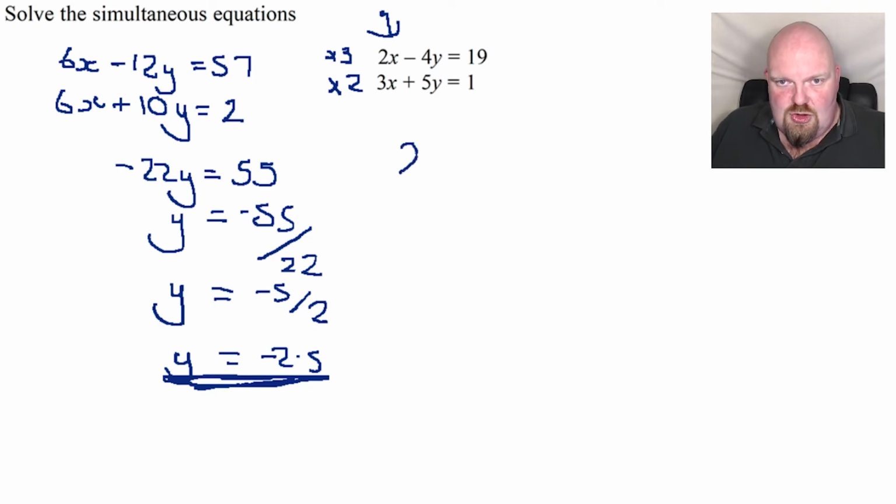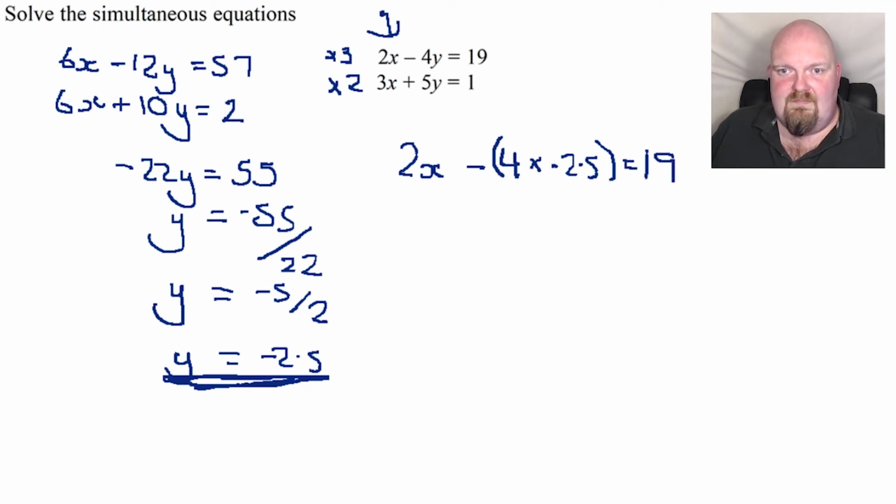So I've got 2x take away 4 times negative 2.5. Put those in brackets so they're out of the way. And that equals 19. 4 lots of negative 2.5 is negative 10. So it's 2x take away negative 10 equals 19.